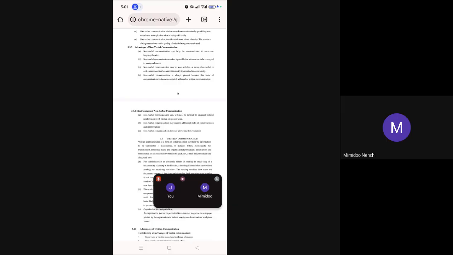Non-verbal communication may require additional skills of comprehension and interpretation. For you to understand non-verbal cues, you need additional comprehension, and you also need additional interpretation of what is being sent.